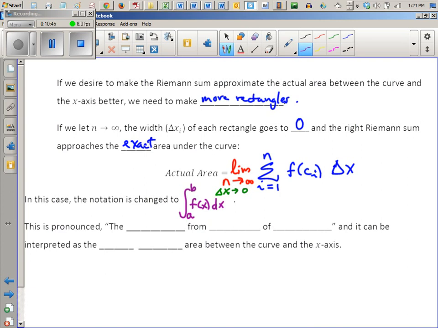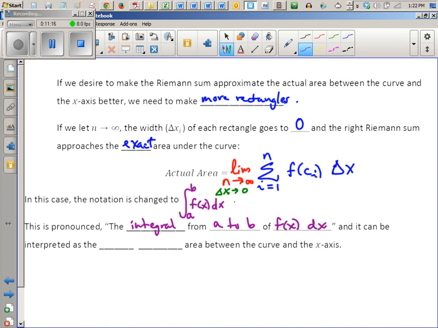So it's kind of a weird notation, that stretched out S, but you should know that that symbol just means limit of sigma. You hardly ever need to know that, but it's important to at least know it. Okay, how do you pronounce this thing? You pronounce it as the integral from a to b of f of x dx.